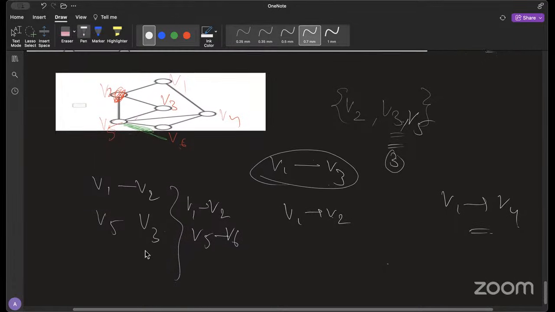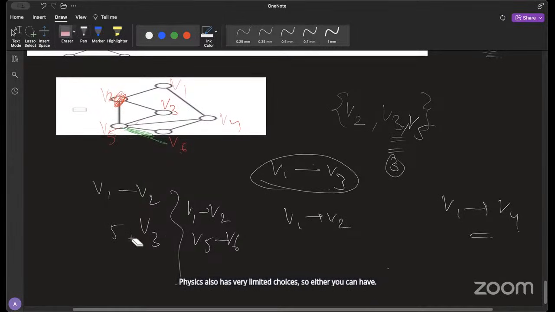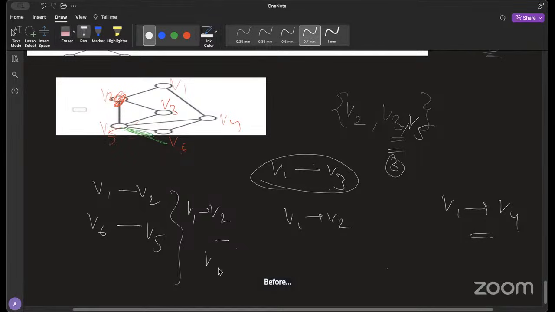V6 also has very limited choices. So under this one, you should first discuss V6 because it has limited choices. So V6 can be paired with V5 or V6 can be paired with V4. And if it's paired with V6, V5, then V3 is left with no choice.